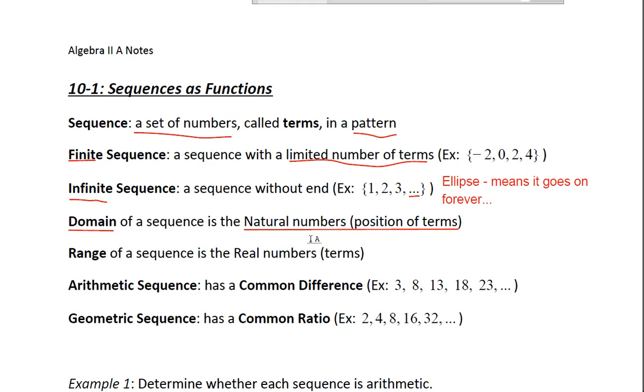So these are the counting numbers, and your domain would look like 1, 2, 3, 4, and so on, especially if it's an infinite sequence. The range is going to be the numbers that are in the sequence, and depending on what those numbers are, it's going to just be your terms.